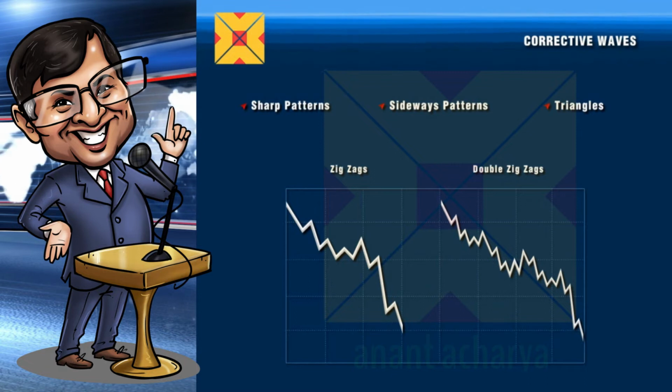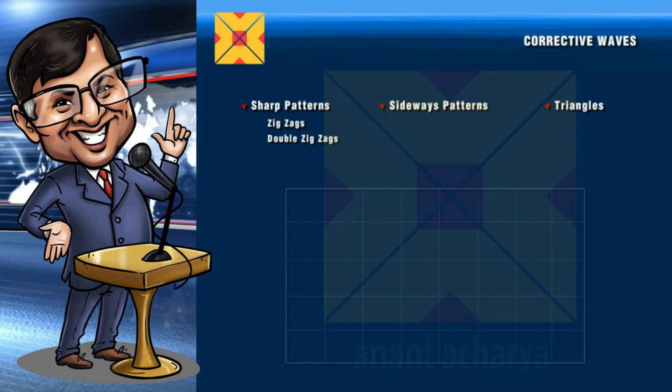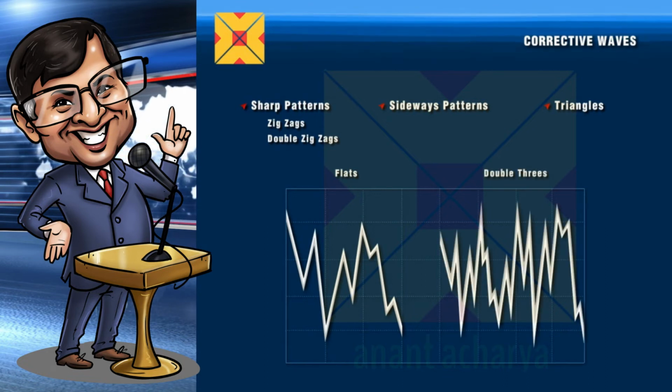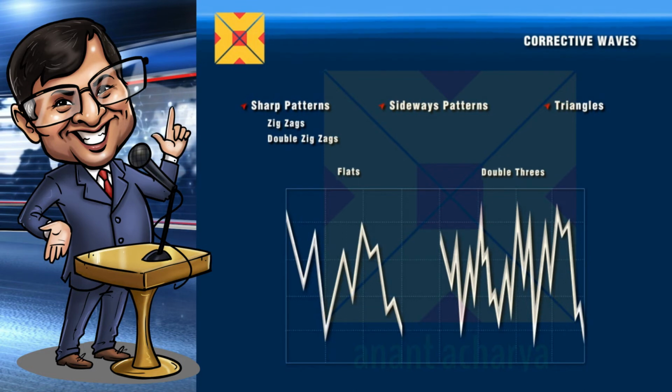Sharp patterns normally tend to affect a deeper retracement of the earlier impulse. In sideways corrections, named flats and double threes, markets unfold a shallow retracement over a prolonged period, appearing to generally waste time within a narrow price range.